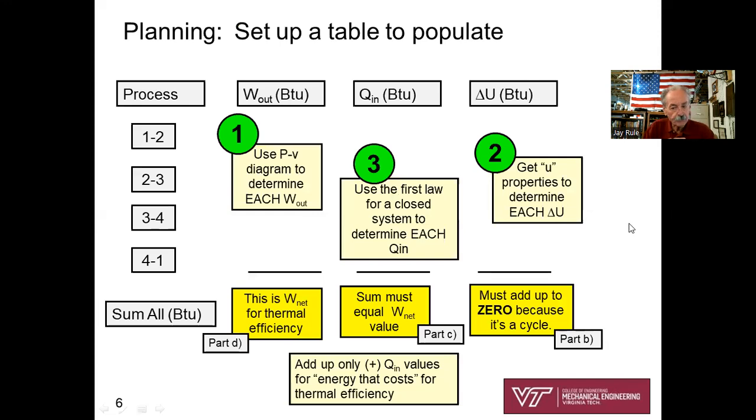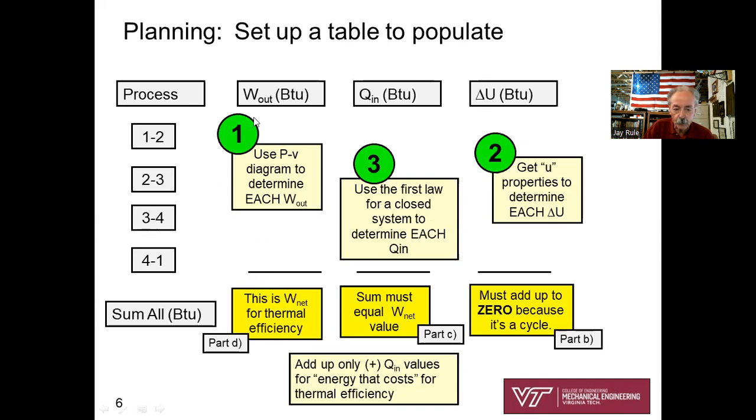The next thing I do, before crunching numbers, is set up a table. I plan ahead, a table that I need to populate. So I've got 4 processes, and I put those in rows. My first column is labeling the processes, so I've got 1, 2, 3, 4 rows. Then I've got 3 columns, because the first column is W out. I'm supposed to calculate the works for each of those.